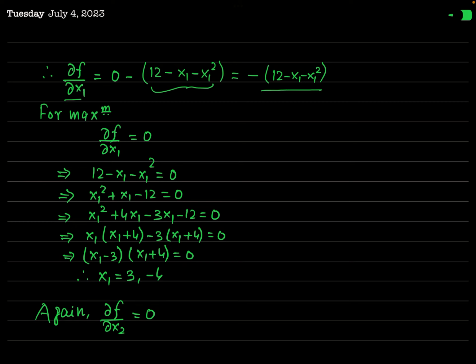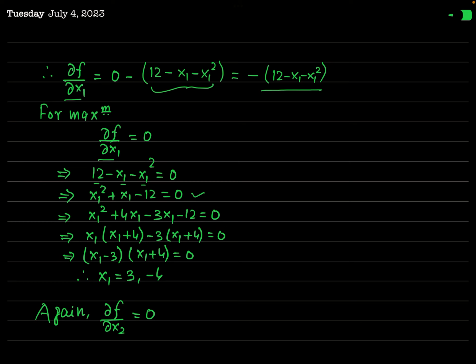Now as you know, if the function is maximum, then this first order derivative will be equal to 0. Okay. So let us equate this 12 minus x1 minus x1 squared to 0. Taking minus as a common factor, you can write this expression equivalently as x1 squared plus x1 minus 12 equal to 0.